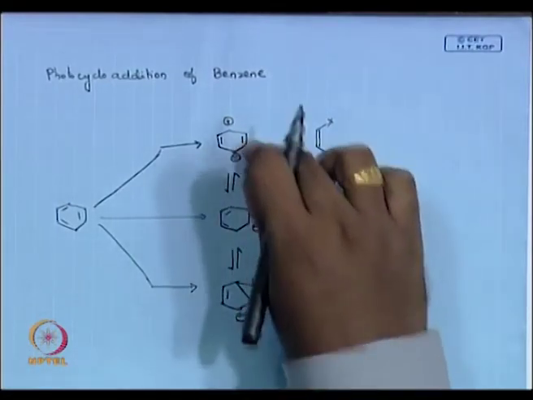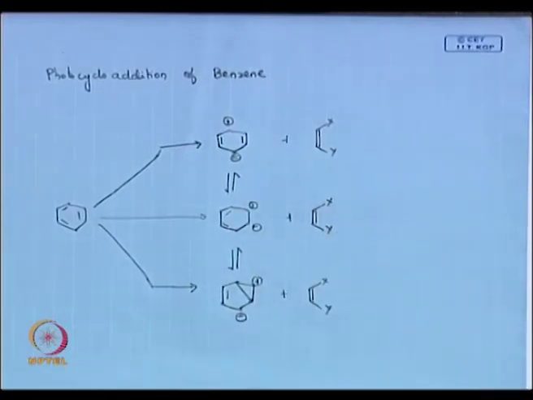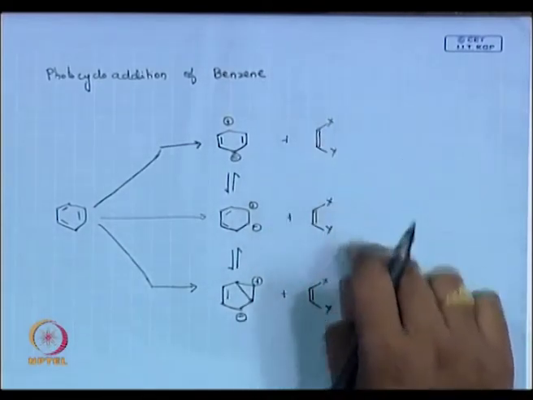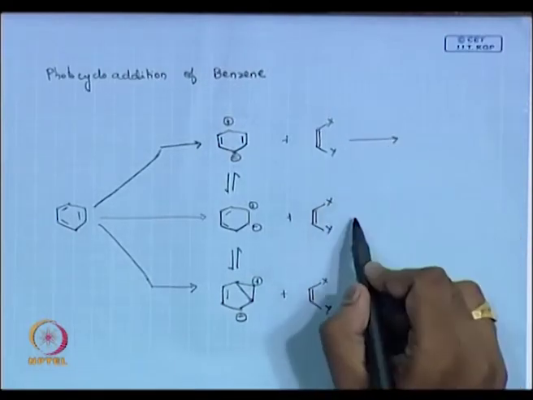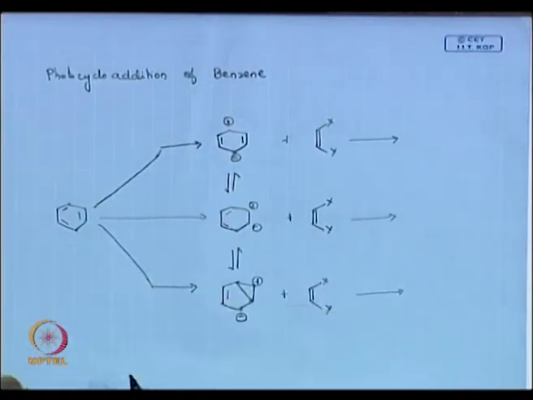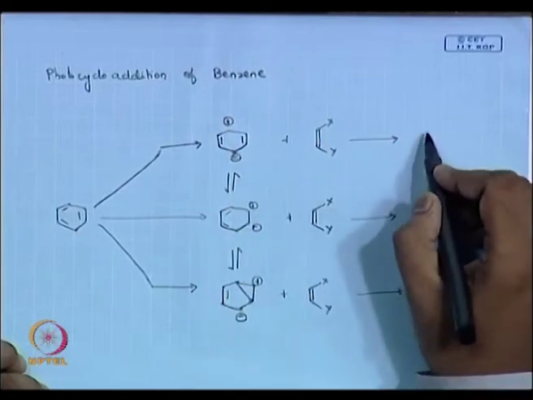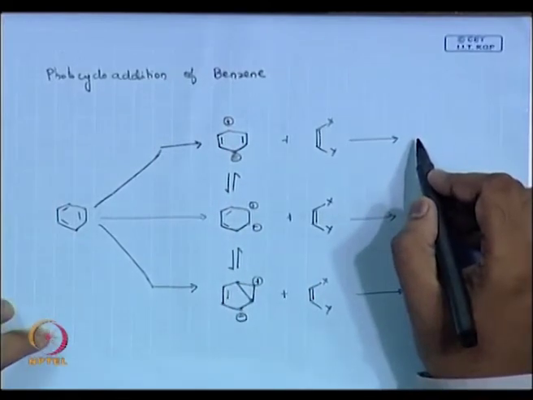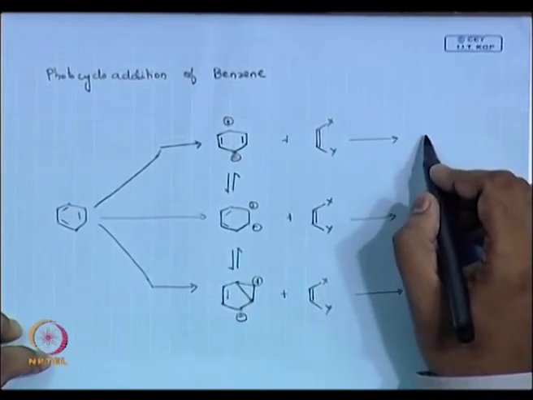So, I know benzene exists in these 3 forms, and if I have my diene in the system, alkene, sorry, not diene, alkene, then what do you get? What is this addition? I can do an addition across this, right? What is that? 2 plus 2 or 4 plus 2?